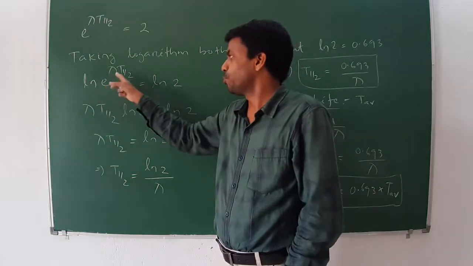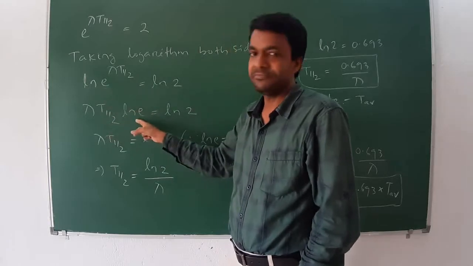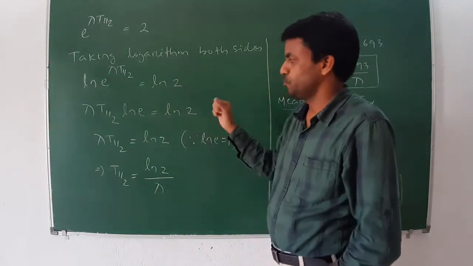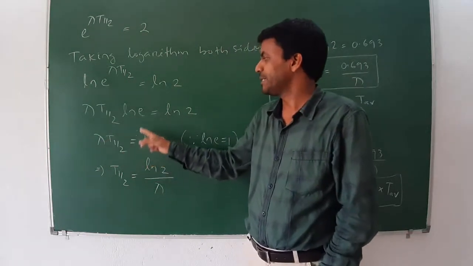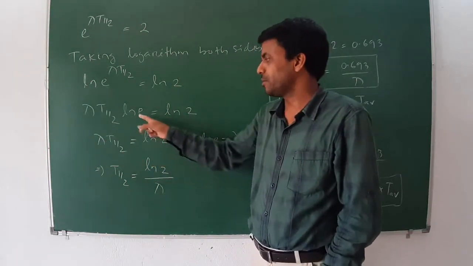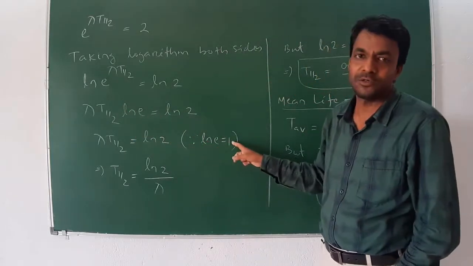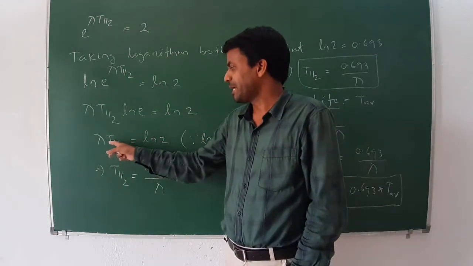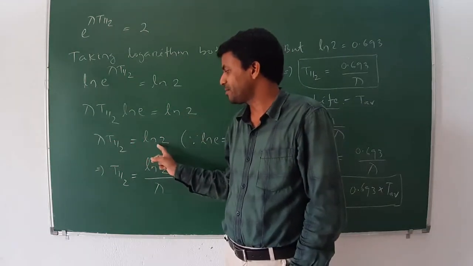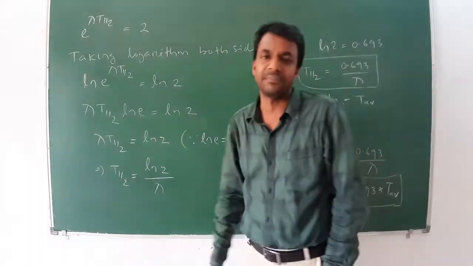Therefore this becomes lambda T half ln e equal to ln 2. What is the value of ln e? ln e is equal to 1, log e base e. So lambda T half is equal to ln 2, or T half is equal to ln 2 by lambda.